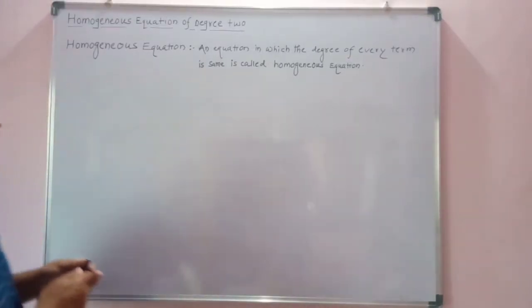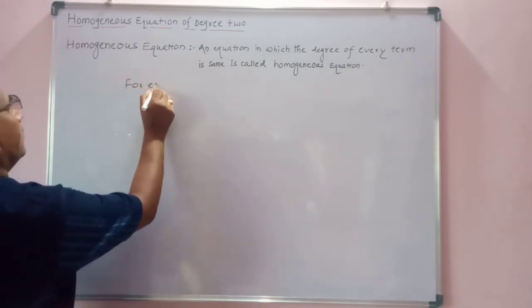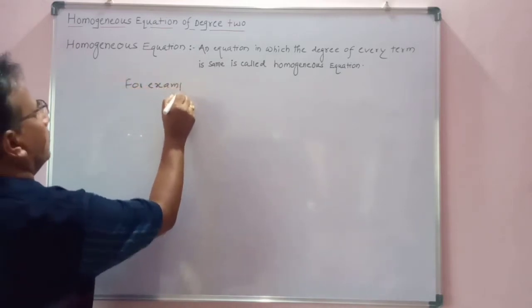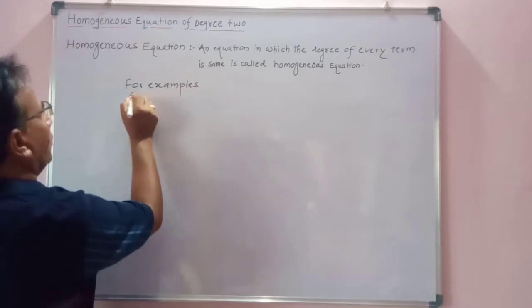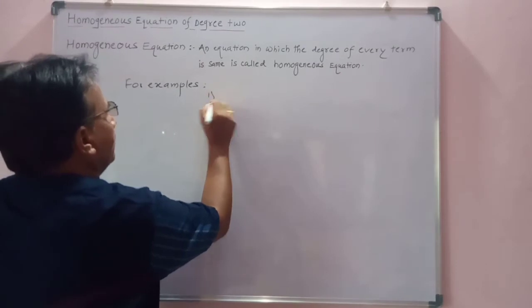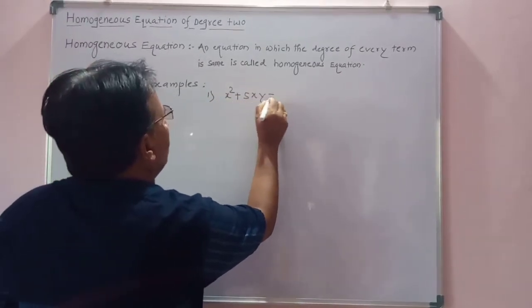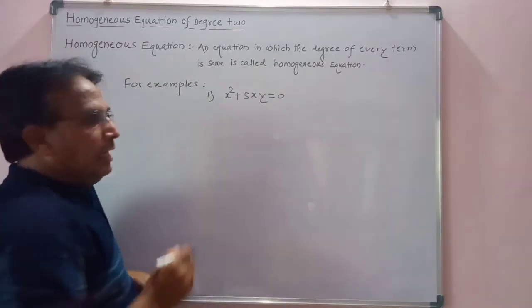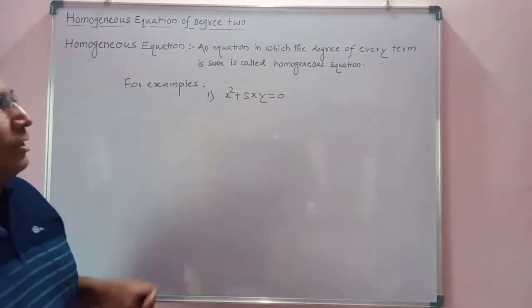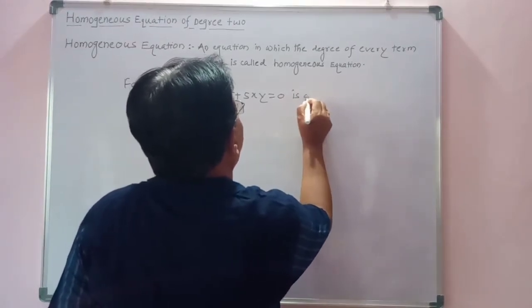For example, the first example is x square plus 5xy equal to 0. X square plus 5xy equal to 0 is a homogeneous equation.